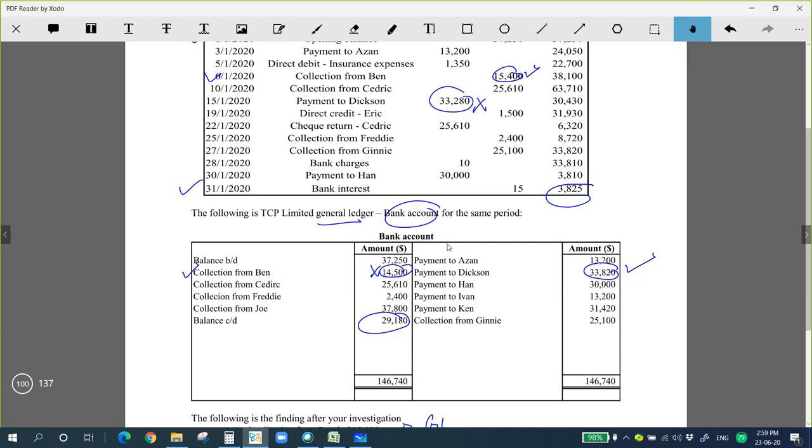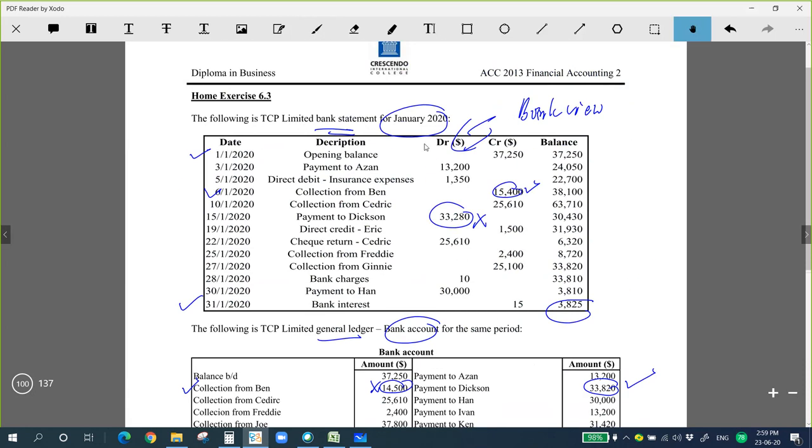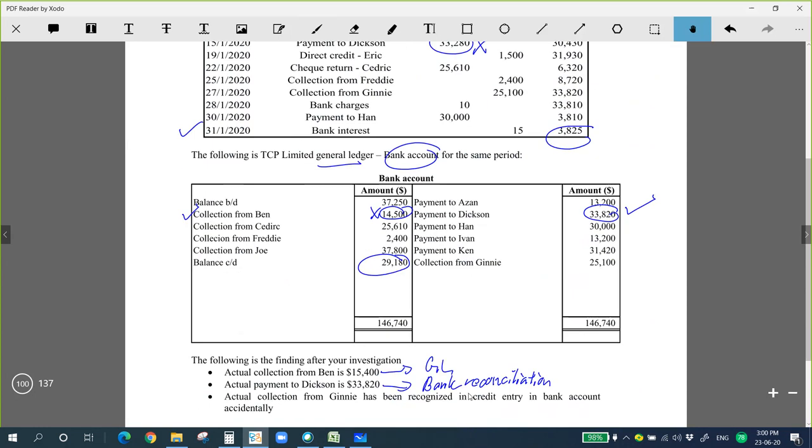So later on, the adjustment for this one we have to do in the bank reconciliation statement, because the mistake is done in the bank statement. That's why we have to show it in the bank reconciliation statement.